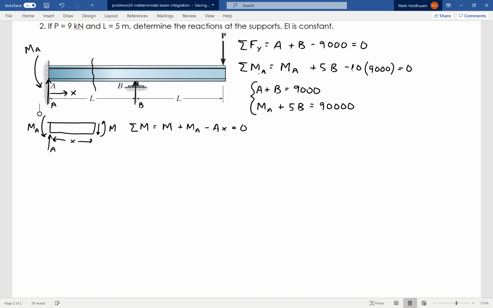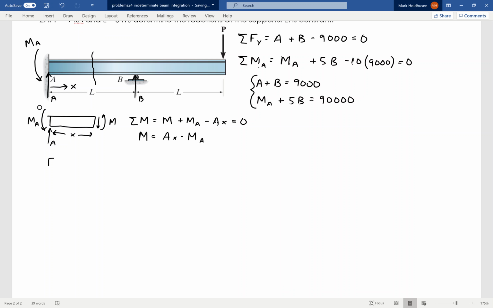Solving this for the moment that I'm trying to figure out, I get M equals AX minus MA, that reaction at MA. Then I'm going to use my second derivative equation of the deflection.